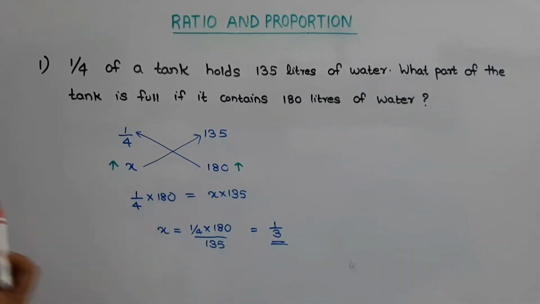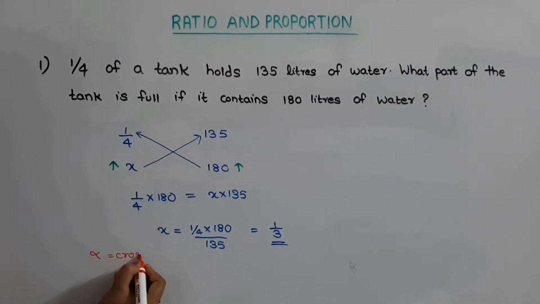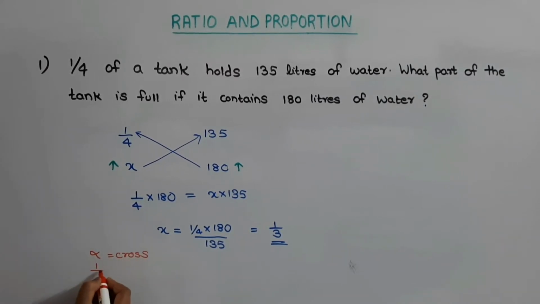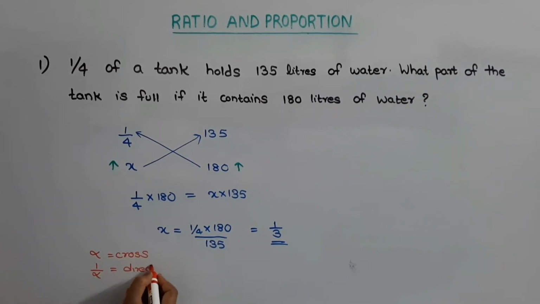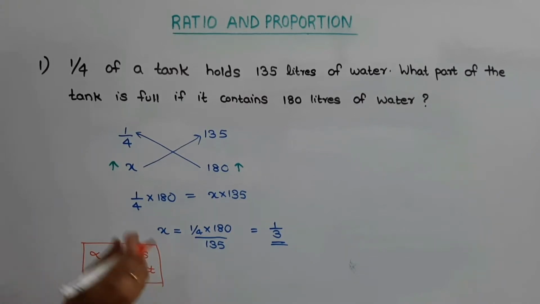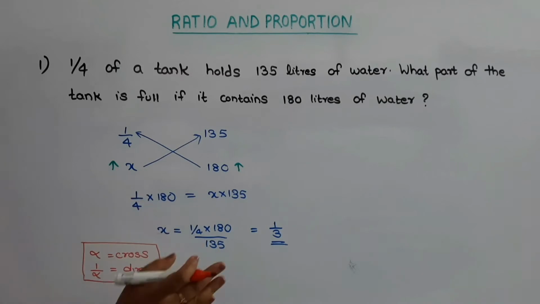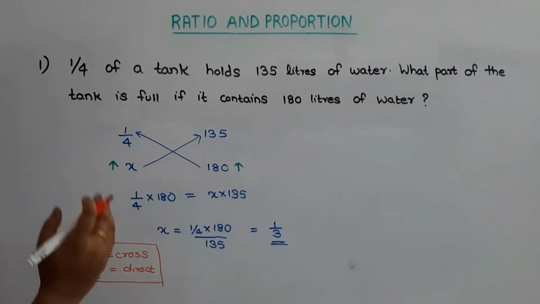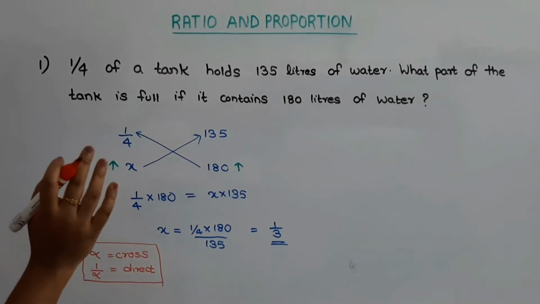Whenever direct proportionality comes, we need to do cross multiplication, and whenever inverse proportionality comes, we need to do direct multiplication to get the answer. This concept is very important. We are using this concept in almost all topics of quantitative aptitude to solve the questions very fast. So I would suggest you to understand this concept clearly.